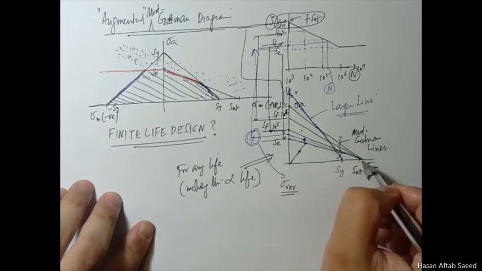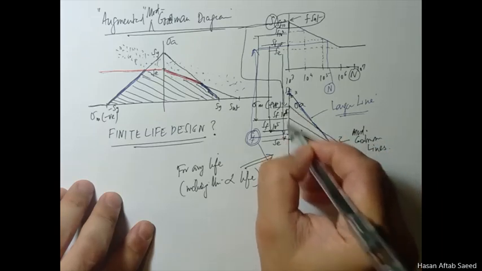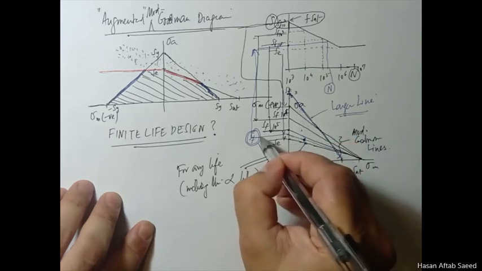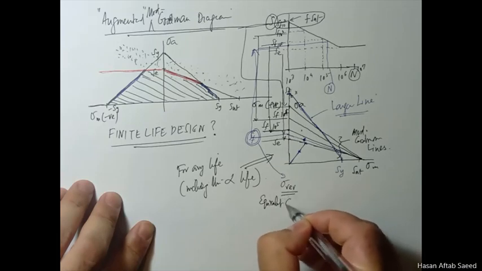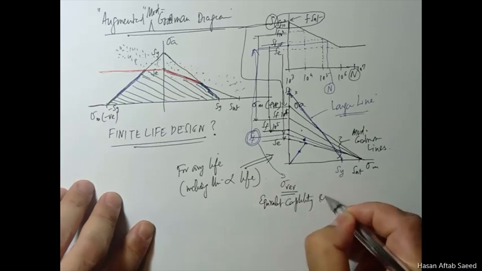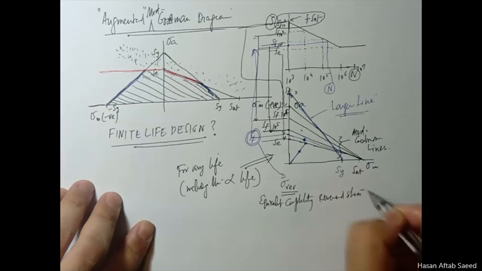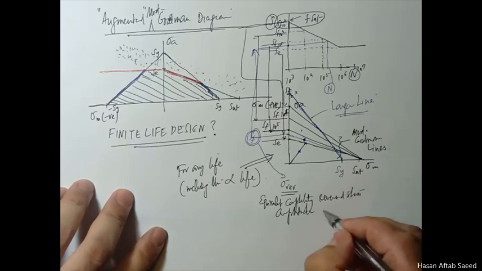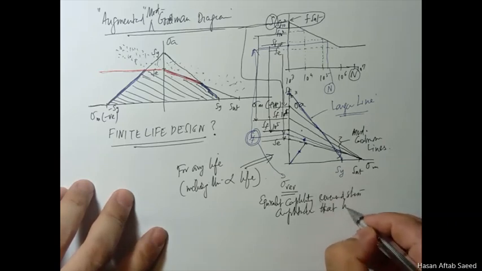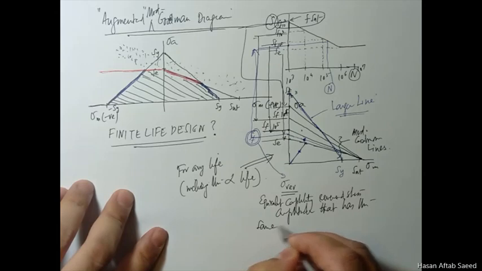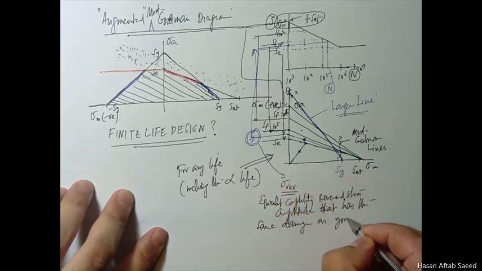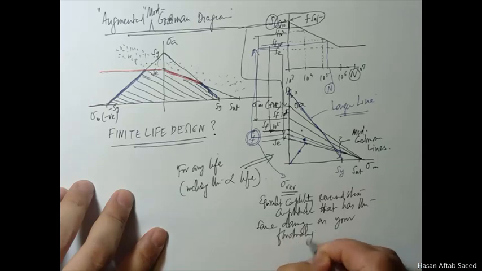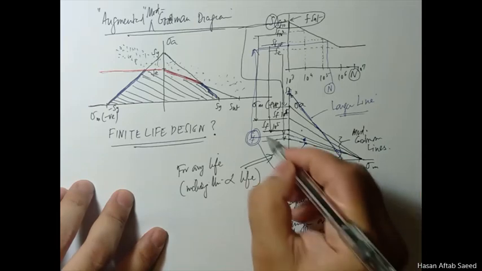But when you pass this line through this point and it touches this sigma a, then this sigma a is the equivalent completely reversed stress amplitude that has the same damage as your fluctuating system.